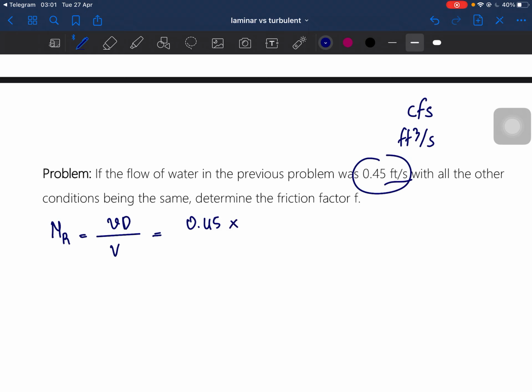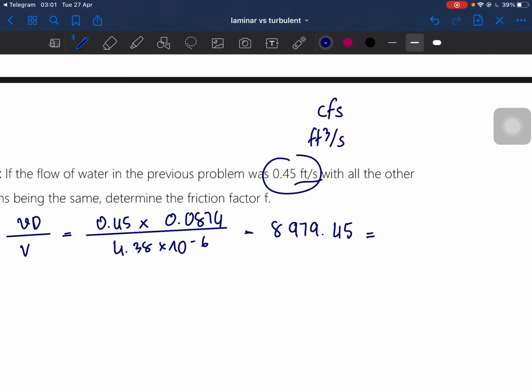And then we multiply by the D, which is 0.0874, over the viscosity that we read from the table earlier, 4.38 times 10 to the minus 6. So 0.45 times 0.0874 over 4.38 equals 8979.45. So this is another turbulent flow.